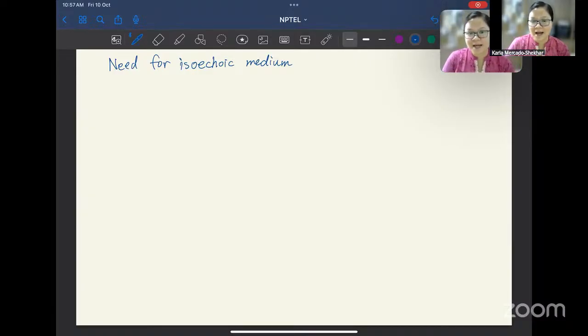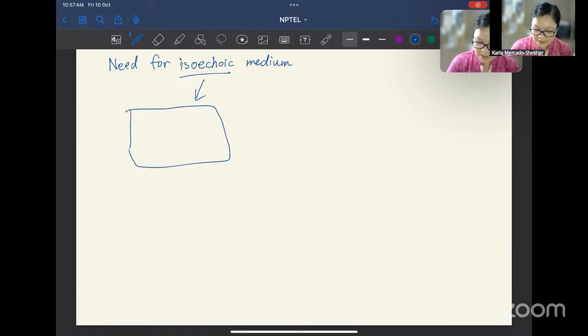So basically, the term isoechoic means that, let's say this is your tissue, and then you have some sort of structure inside the tissue. Let's say it's a tumor. Isoechoic means that the backscatter, or the grayscale level that you're viewing in your B-mode ultrasound image, is going to be the same. Let's say this is grayscale level 1 and this is grayscale level 2, the background surrounding tissue.